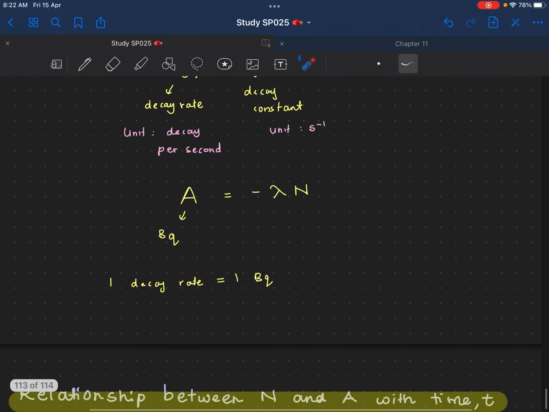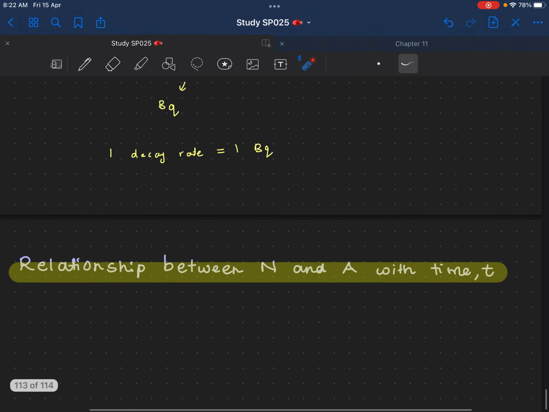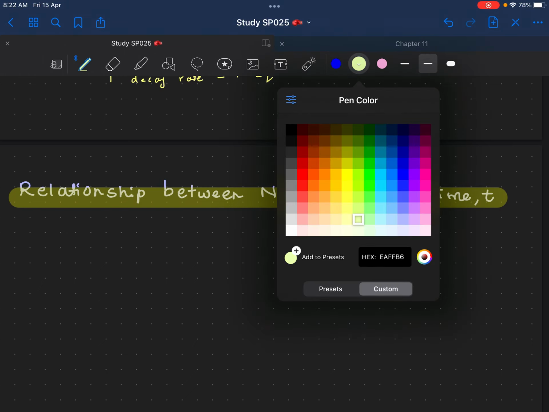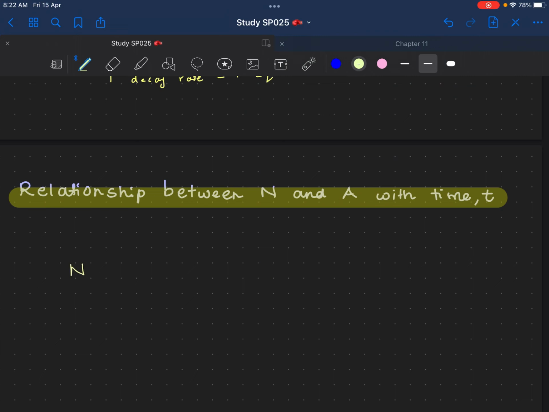So we have another equation that discusses the relationship between the number of nuclei present at the moment, or the activity, as it decays with time. Let's see what that equation is. The equation would be N equals N naught e to the negative lambda t, or A equals A naught e to the negative lambda t.